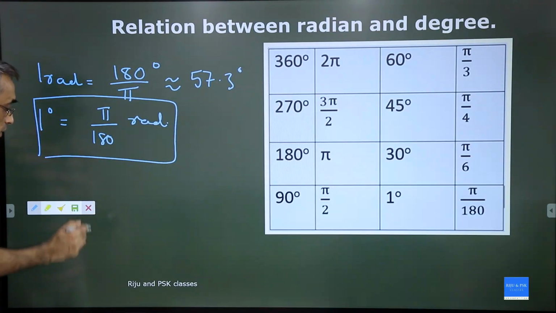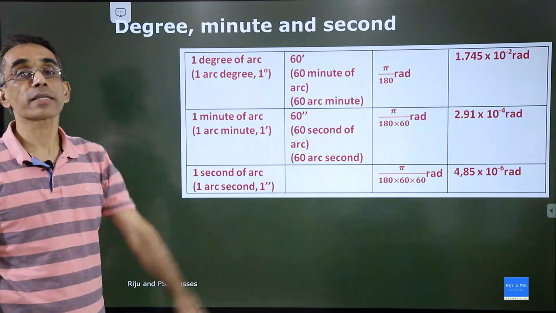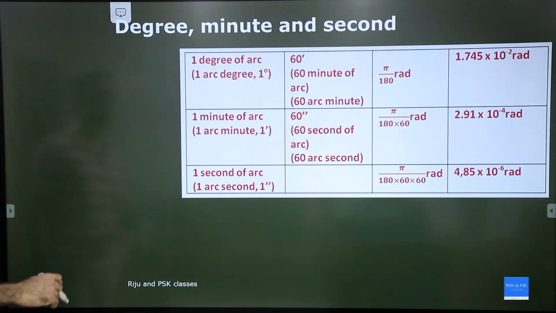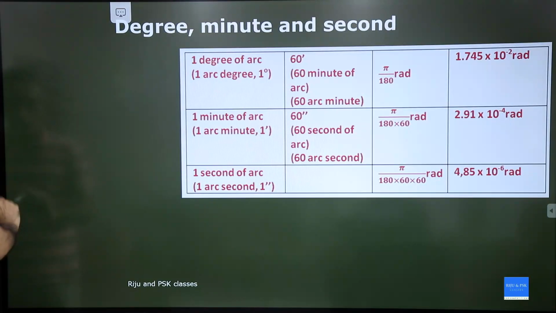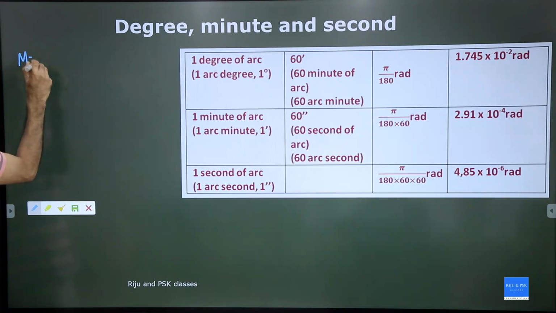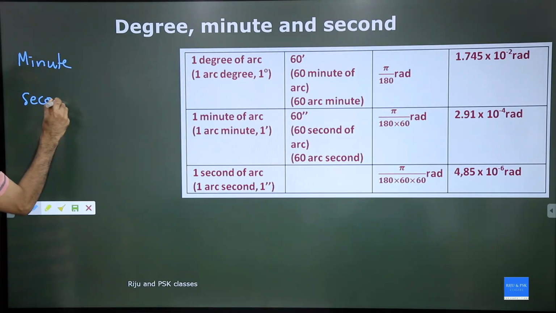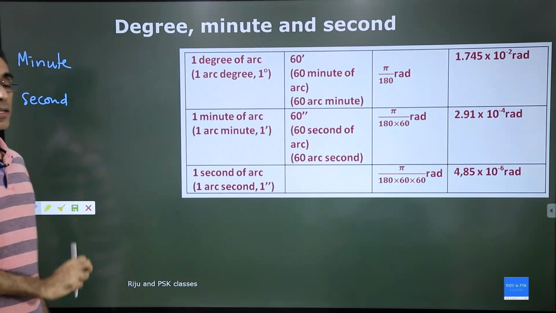Okay. From this to the next conversion. Degree, minute and second conversion. Degree, minute and second. This I'll tell you. Maybe you are familiar with the degree, minute and second. Minute and second come in two areas.